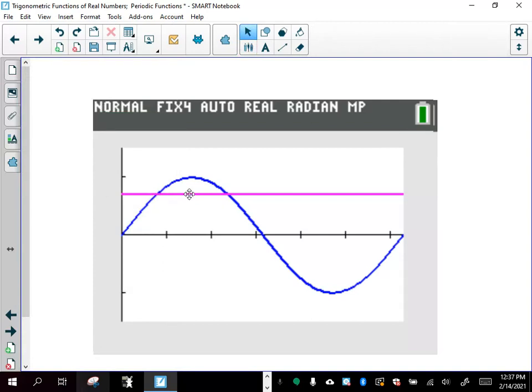You notice you've got 2 points right here where it crosses. I'm starting here at 0 and coming up to 1. This is my first quadrant. I'm going from 1 to 0. There's my second quadrant. 0 to -1. There's my third quadrant. And then -1 to 0 again. This is my fourth quadrant.